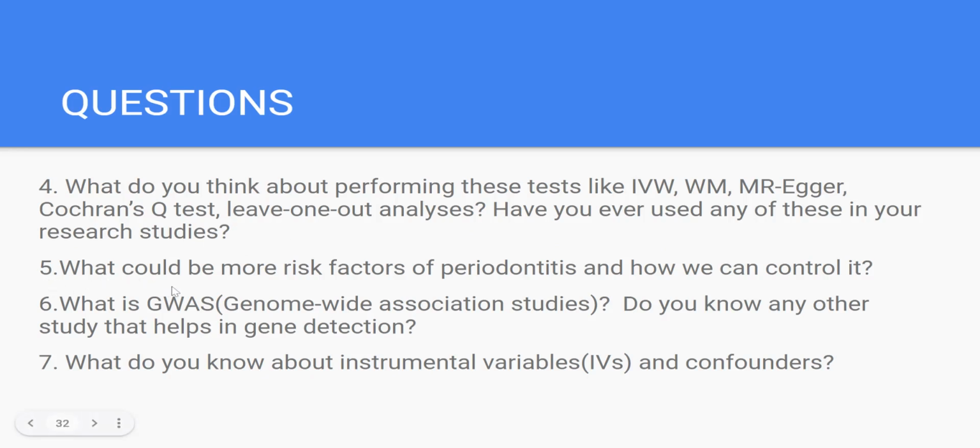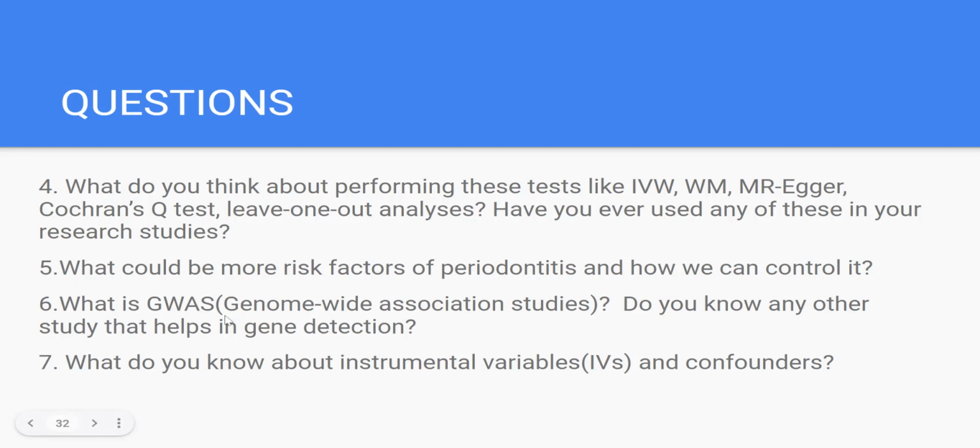Okay, the fifth is, what could be more risk factors of periodontitis and how can we control it? Like other than this, we are going to focus on the gut microbiota. Do you know any of the studies that are conducted on periodontitis for controlling and preventing this disease?